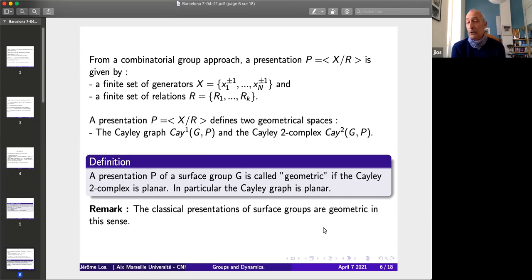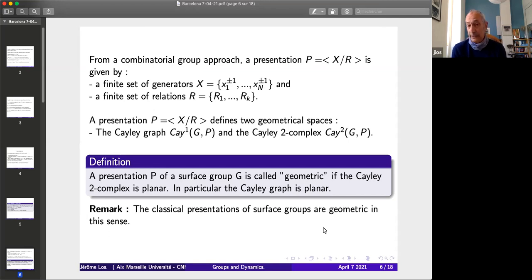So it's a two-dimensional space, which usually for an abstract presentation could be a horrible space. And what's special for surface groups is that they have some particular presentations that I'm calling geometric. A geometric presentation is a presentation of the surface group such that the Cayley 2-complex is a plane.